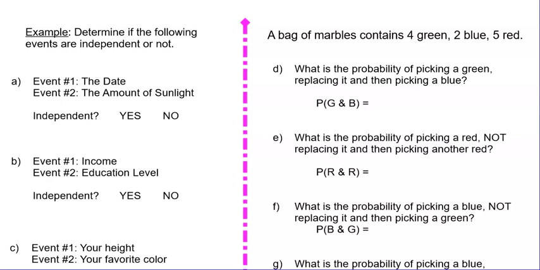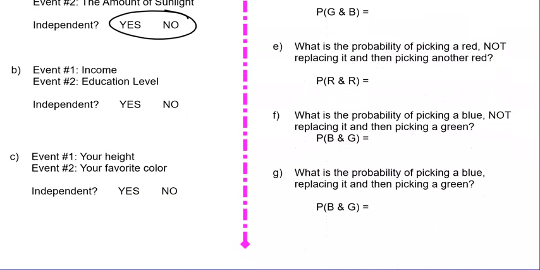But if you talk about January 22nd versus July 22nd, then that's yes. It does affect. Okay? But it's kind of a vague thing, so it's kind of a yes or no. It's in between. It depends. If you're talking about winter versus summer, then definitely there's an effect, and they are not independent. But if you're just talking about the 22nd without specifying what part of the year it is, then no, that wouldn't have an effect.